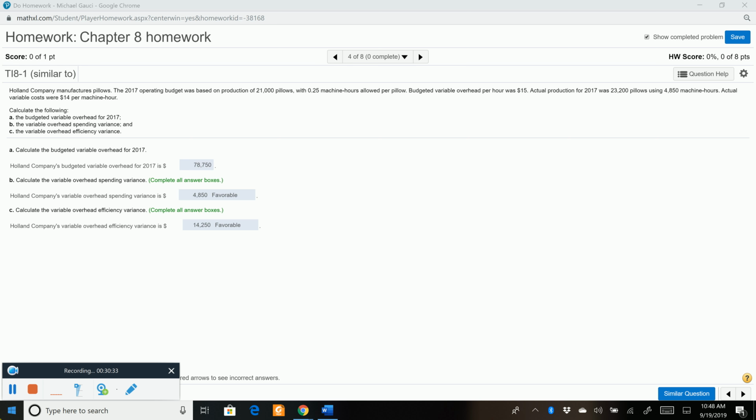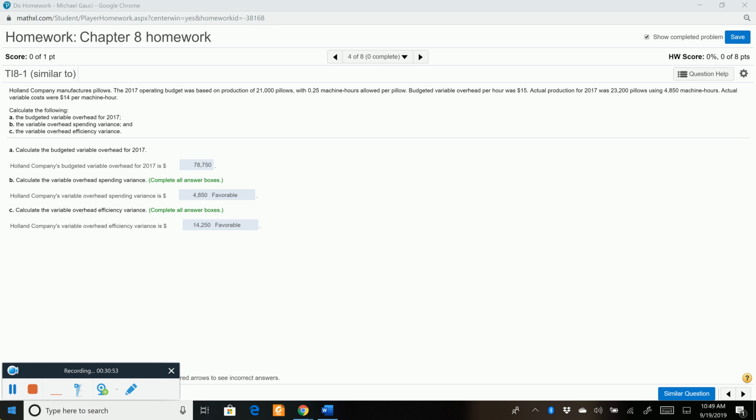Now, the author goes on and gives us what actually happened. So that was what was budgeted. Now, actually, we made not 21,000 pillows, but we made 23,200 pillows using 4,850 machine hours. Actual variable costs were $14 per machine hour.